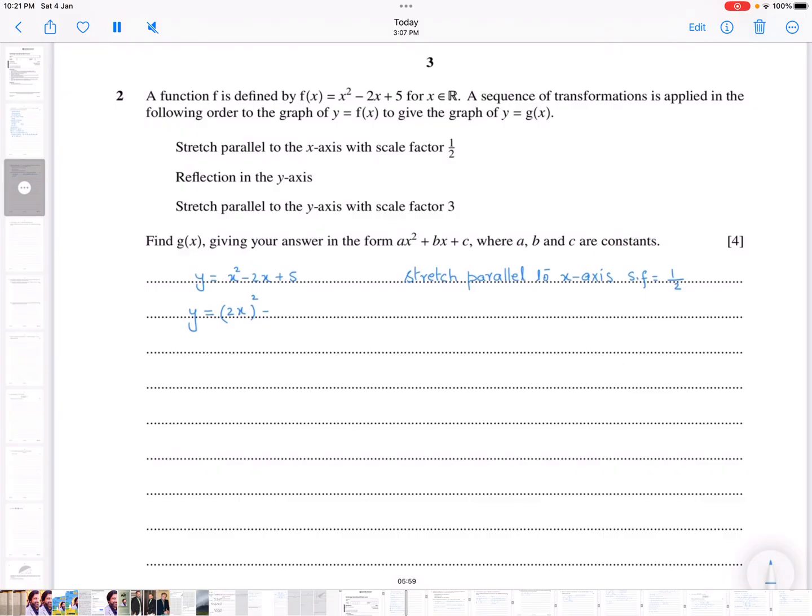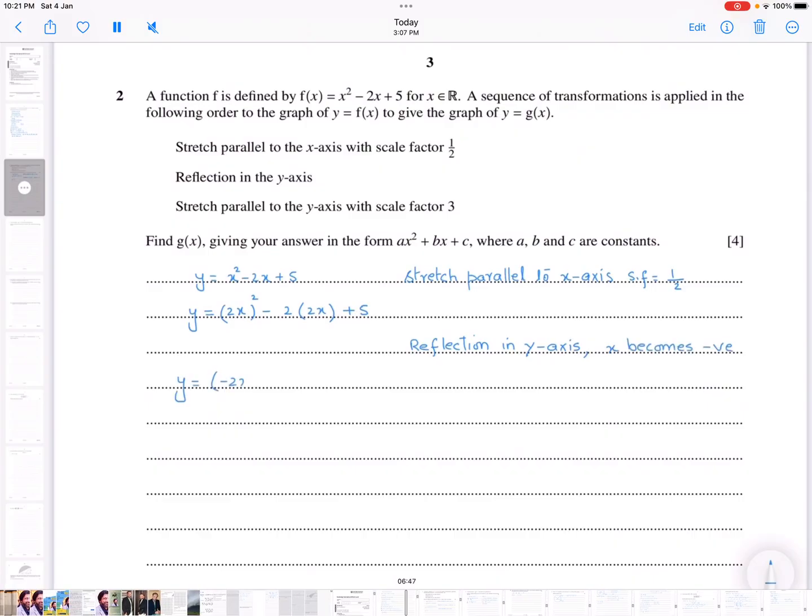So it becomes 2x whole squared, and then 2 multiplied by 2x, and then write 5. Okay, now reflection in the y-axis. Definitely the x coordinate becomes negative, so you write negative with x. So write minus 2x whole squared minus 2 times minus 2x plus 5.